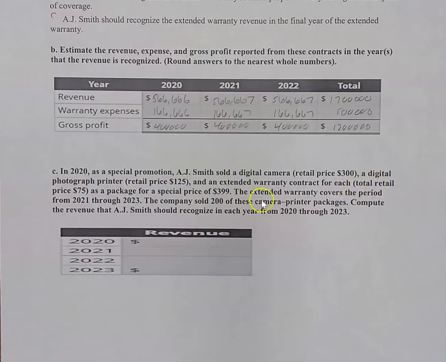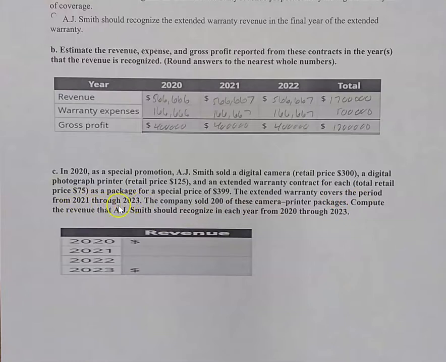The total retail price of that extended warranty is $75 as a package for a special price of $399. So $300, $125, and $75 is $500. They're going to give it to you for $399. Wow, what a deal. The extended warranty covers the period from 2021 through 2023.